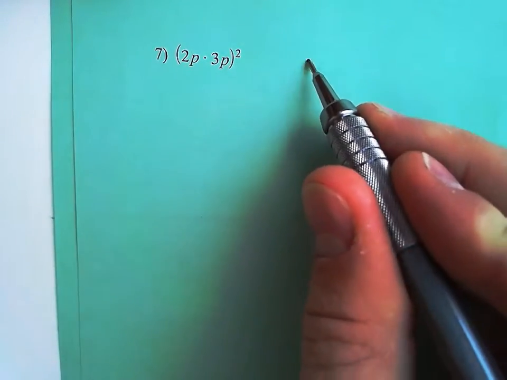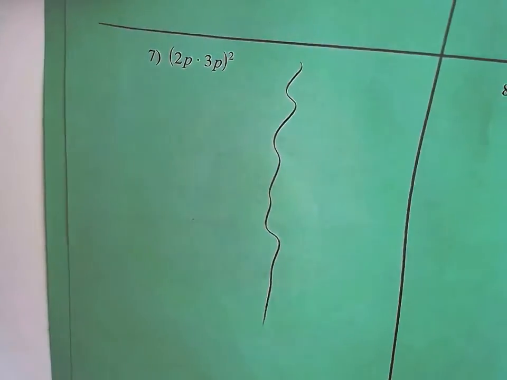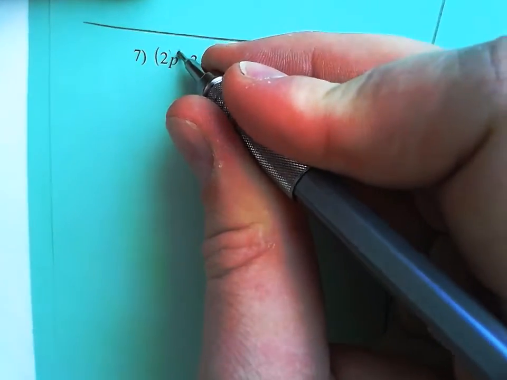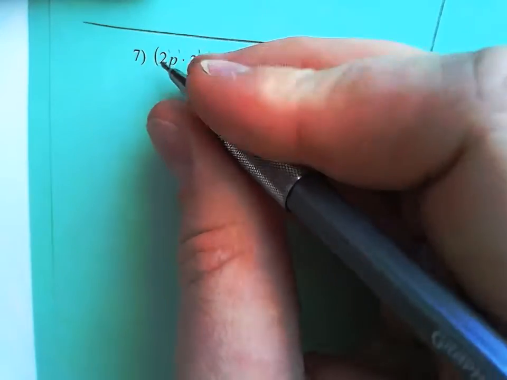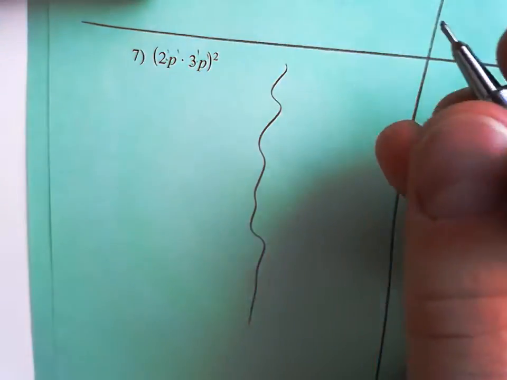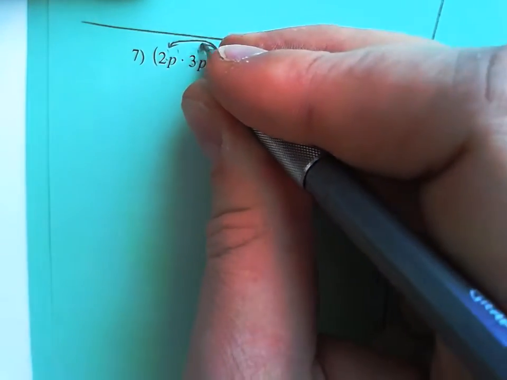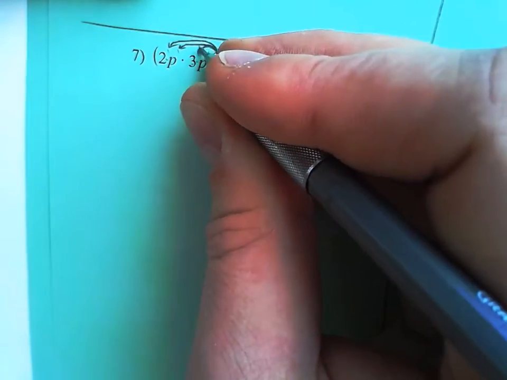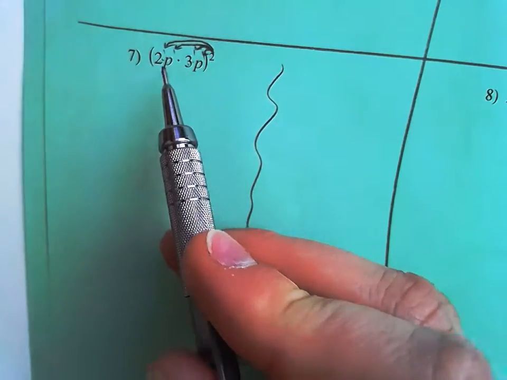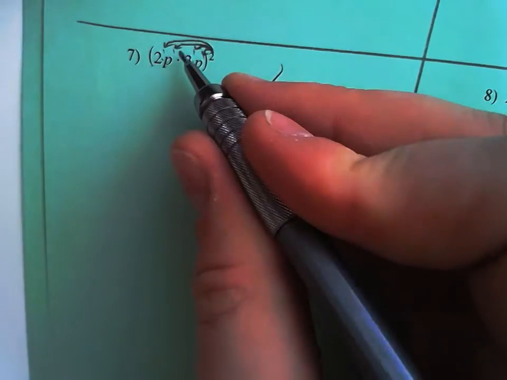This one I'm going to show 2 ways. Okay, first way, the long way. Look, all these pieces that are multiplied together here, 2 times p times 3 times p, they're all to the first power. And I'm going to use the power of a power property for each of those factors. So that 2 will multiply all those 1s.